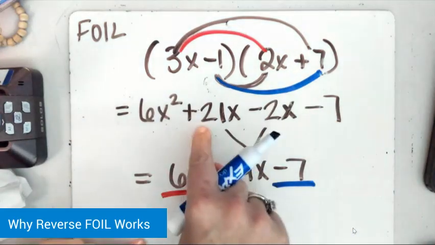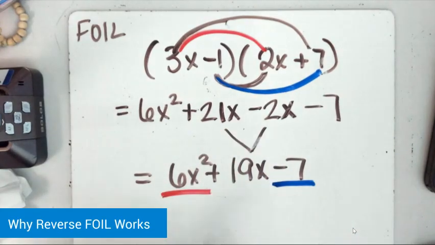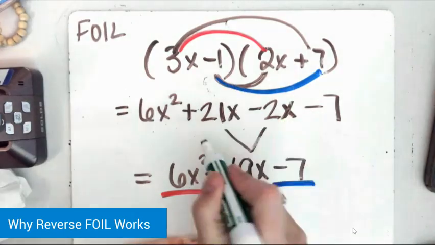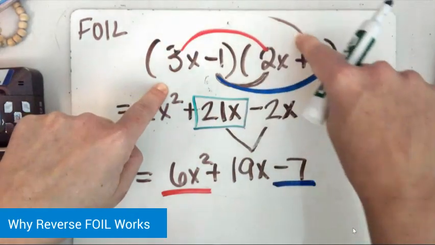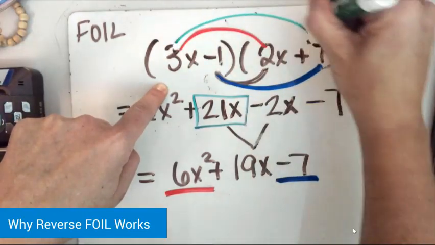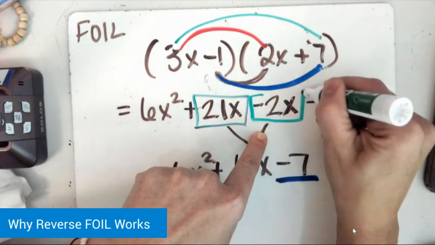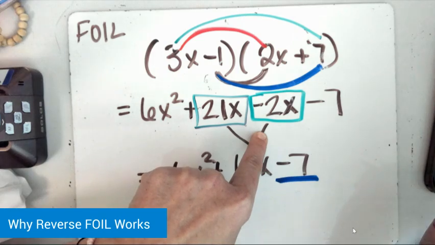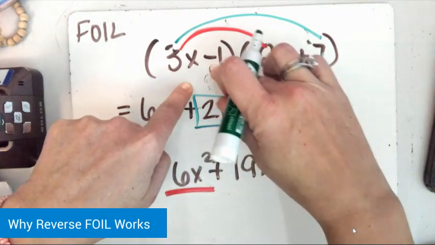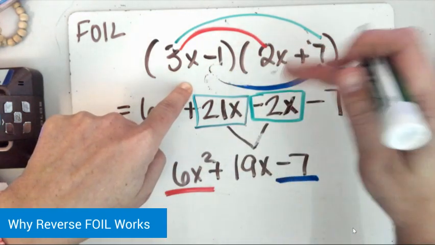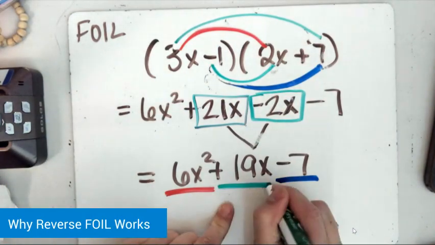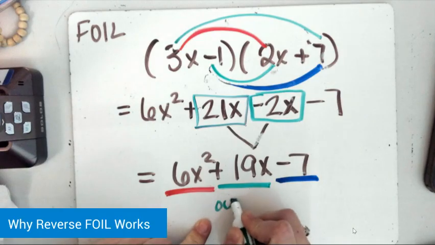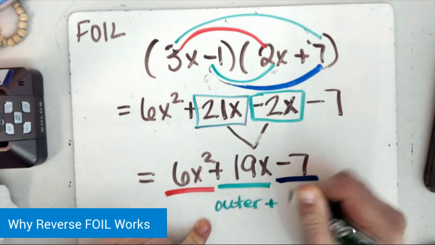Now, this right here, let's talk about the 21x. Where did this 21x come from? The outer, right? The outer? All right. What about this negative 2x? What's that called? Inners. So the 19x comes from your outer plus your inner.